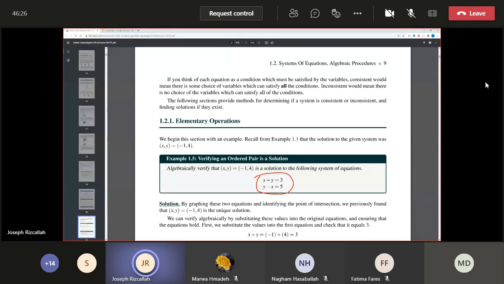So what we do is we perform some operations on the system, right? We change the system slightly so we can see better what the system is telling us, right? In this particular case, as you may remember, what you do is you simply add the equations, right? So I will write here, add the equations.